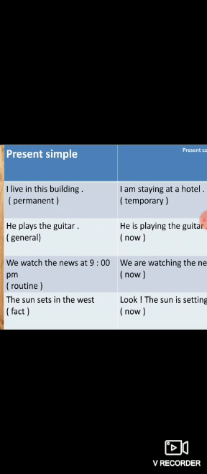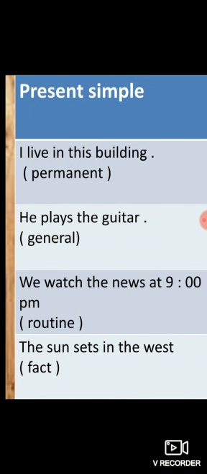So in the present simple, we would say, for example, I live in this building. So can you understand this sentence? This is my permanent address. This is where I live. All the time I live in this building.